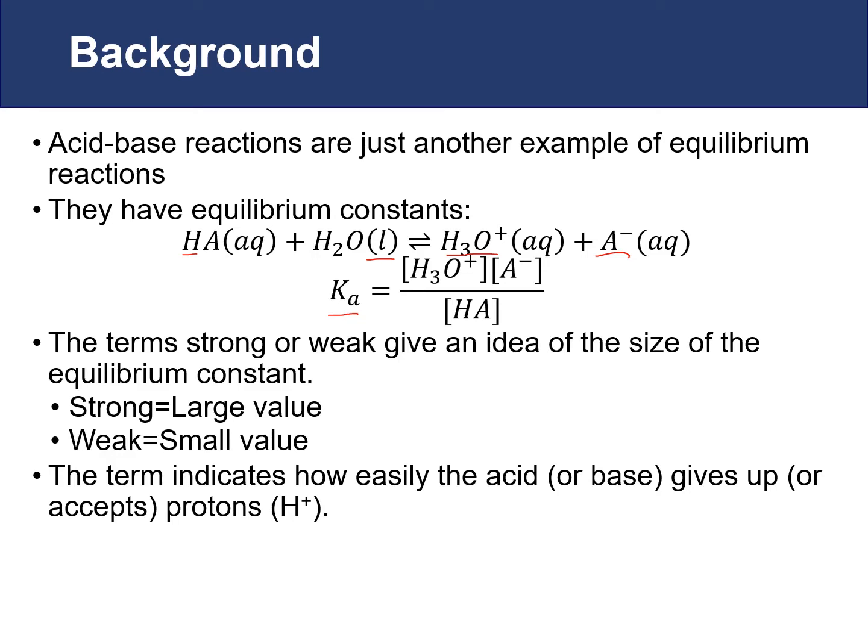In the case of a weak acid or weak base, the reaction doesn't go all that far, meaning that the majority of our acid is going to stay in the acidic form, and only a little bit of it is going to be converted into the conjugate base by donating the acidic proton. The terms strong and weak are used to indicate how easily an acid or base gives up or accepts that acidic proton.